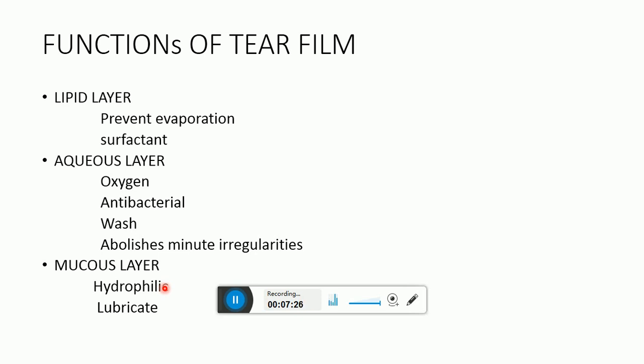Another function is lubrication. Deficiency of the mucus layer may be a feature of both aqueous deficiency and evaporative states. Goblet cell loss occurs with cicatrizing conjunctivitis, vitamin A deficiency, chemical burns, and toxicity from medications.